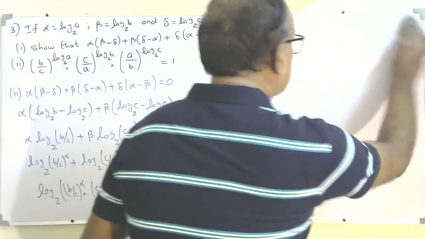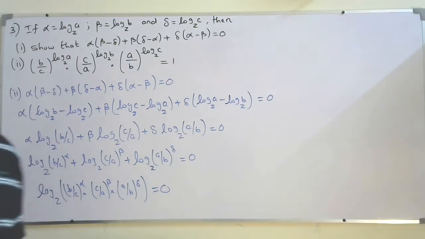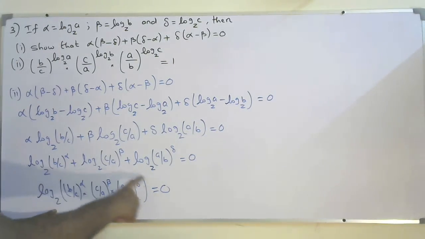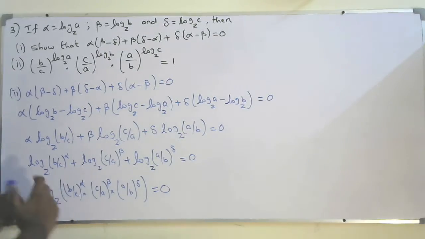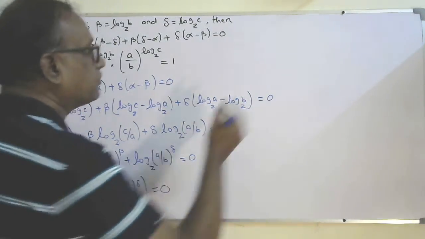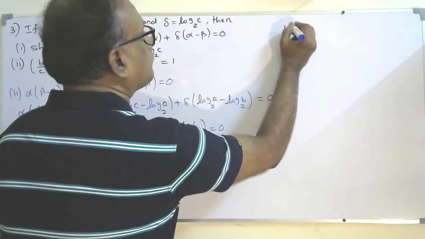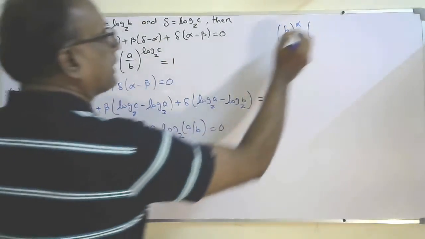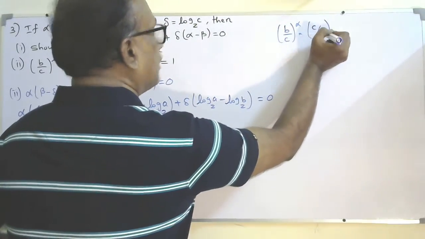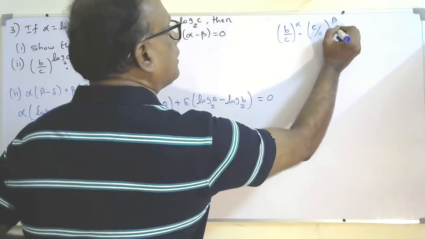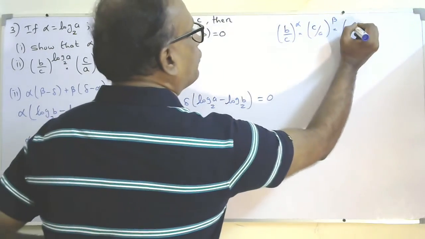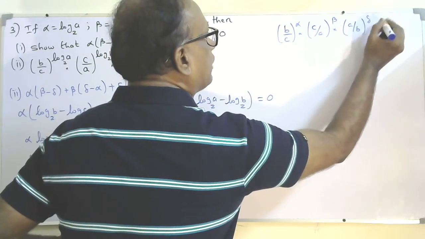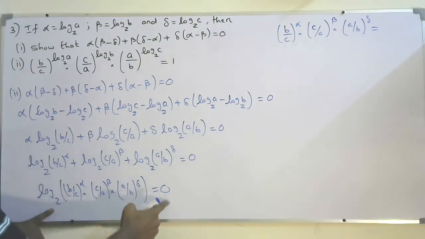Now I'm going to use the definition of logarithm. So log z of this expression equals 0 means b over c to the power alpha into c over a to the power beta into a over b to the power delta equals z to the power 0.